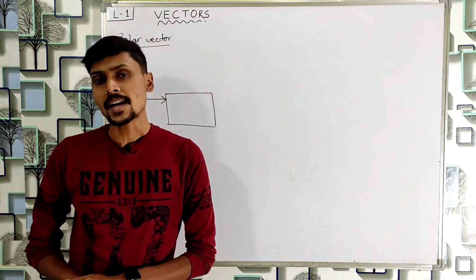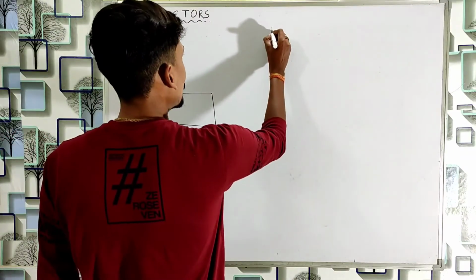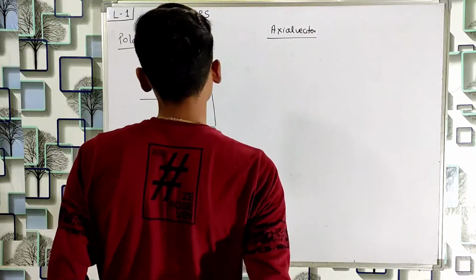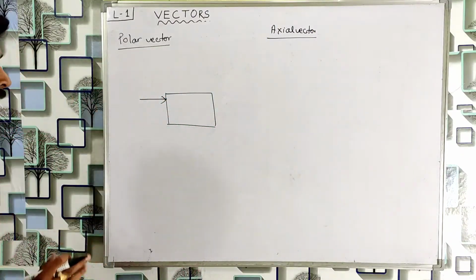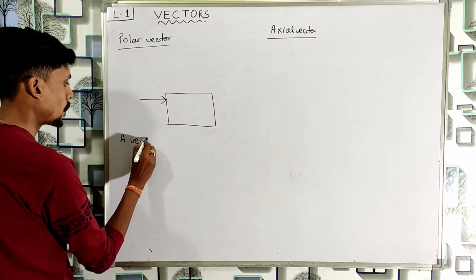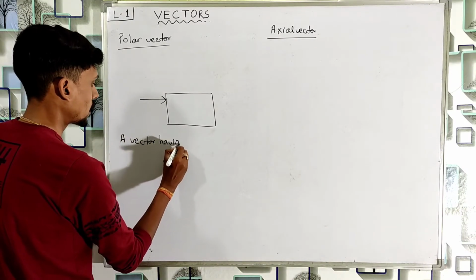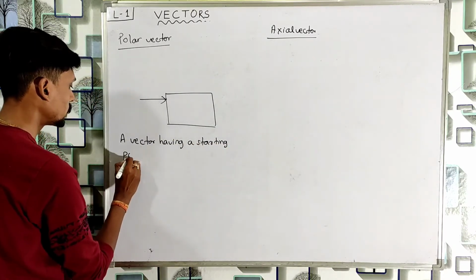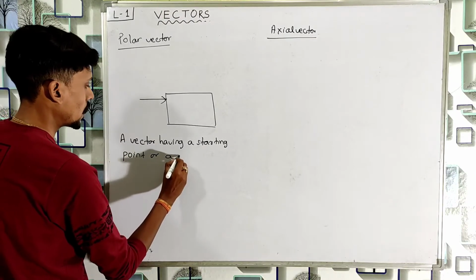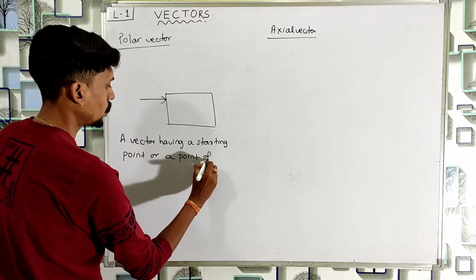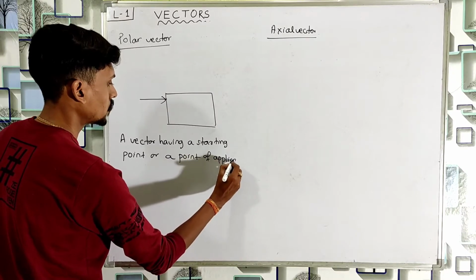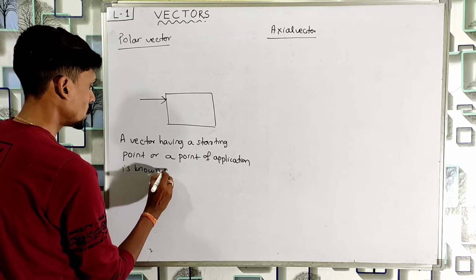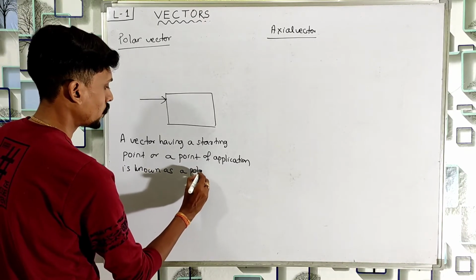But what is the meaning of axial vector? First let me write the definition of the polar vector here. A vector having a starting point or a point of application is known as a polar vector.